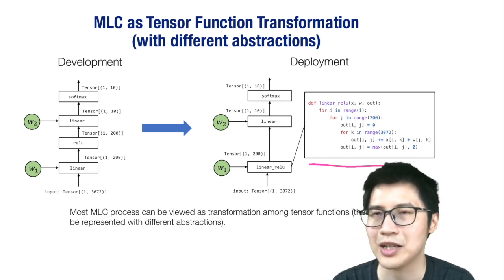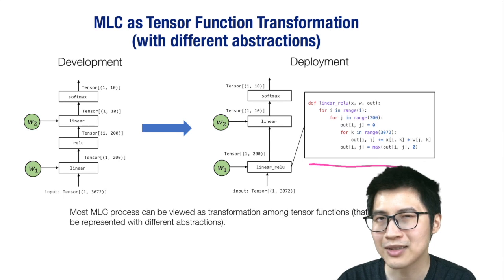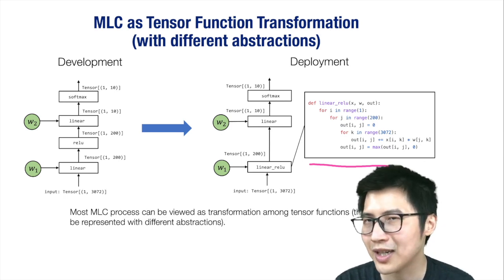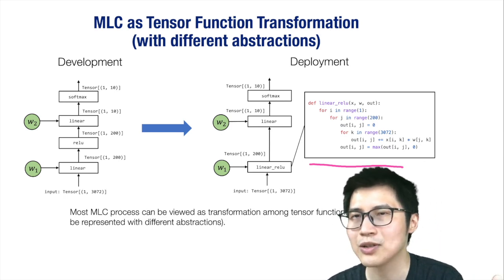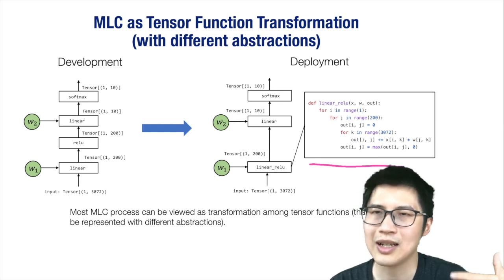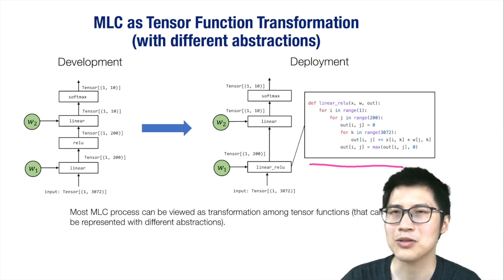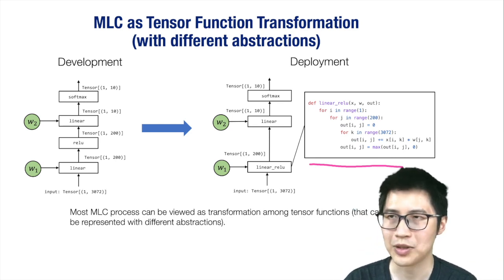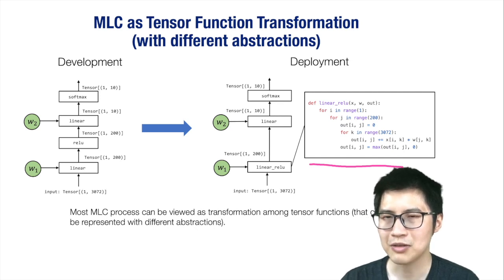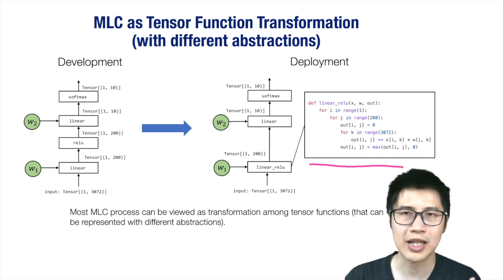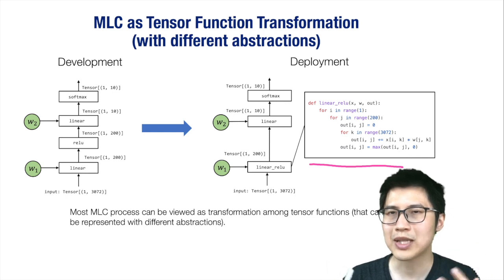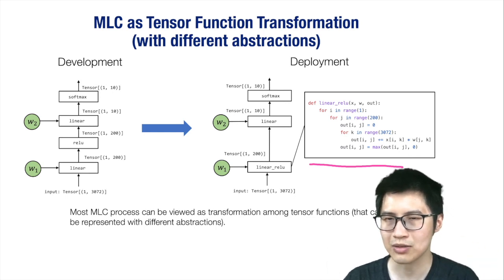In this case, the form of abstraction could be Python code, or a more detailed C code. In other cases, it could be a library function handle, or the underlying assembly code that we are going to execute on the hardware. Okay, so this high-level idea of abstraction and implementation is going to be something we'll keep revisiting throughout the course of this lecture episode.